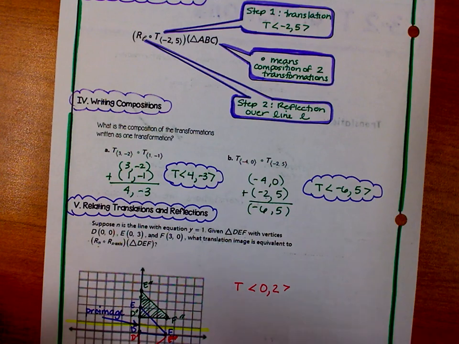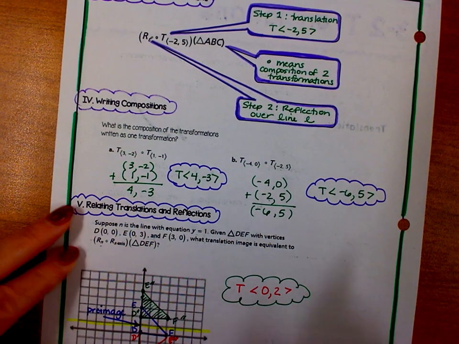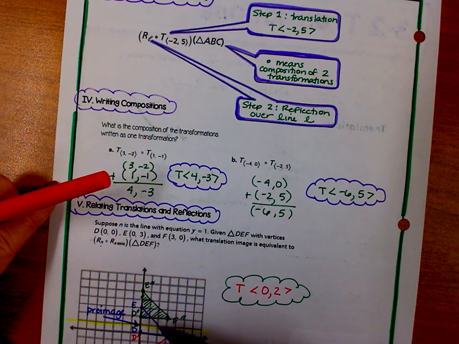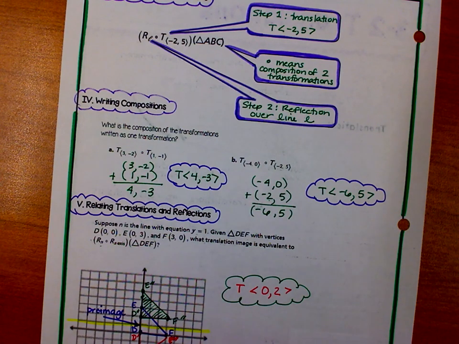And that is the translation that would have given us the same final image as the 2 reflections that we just did. Okay, so that's about all there is to this.